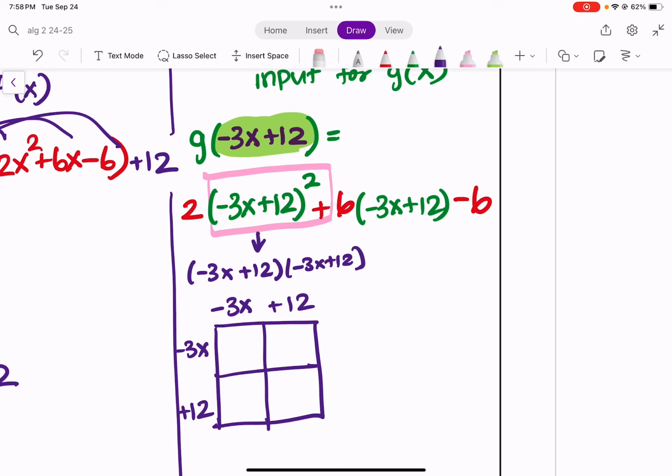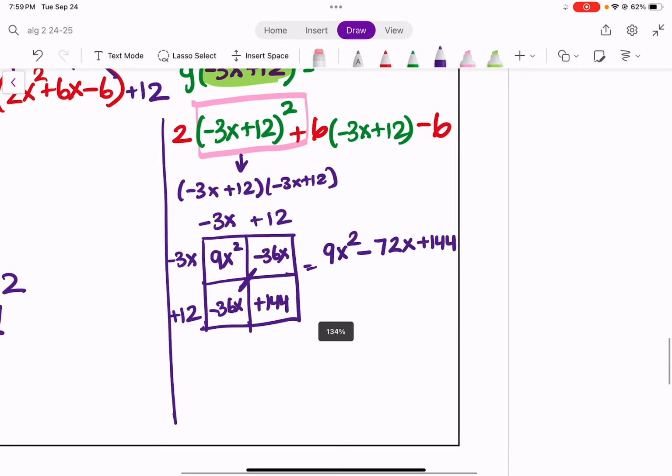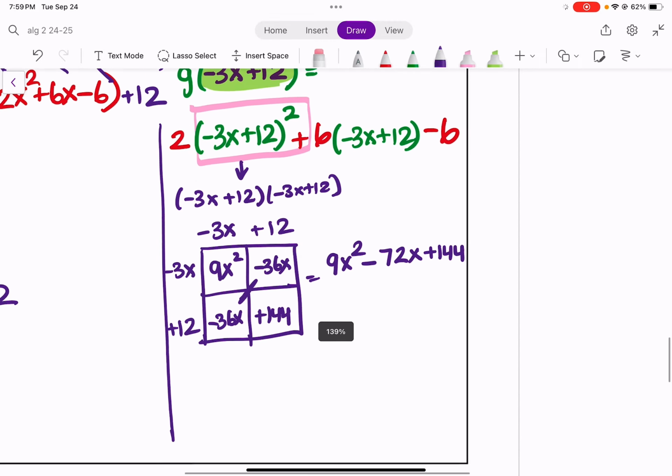So this is going to give me, since I'm multiplying, 9x squared. This is from your last test. And if I combine like terms, I'm going to have 9x squared minus 72x plus 144, okay? Do this in your calculator. I'm running out of space, but you have space as well.